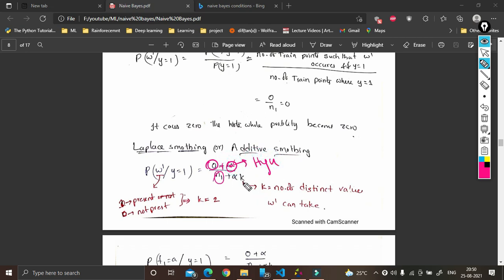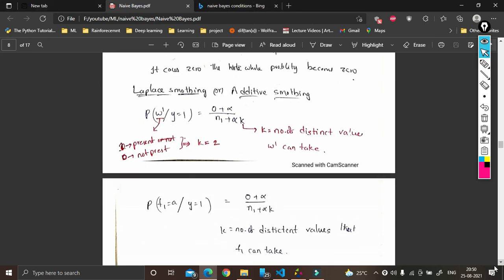Alpha is the hyperparameter, and k is the number of classes. If it is binary classification, k is 2. If it is three-class classification, k equals 3. Now, what is the alpha value?